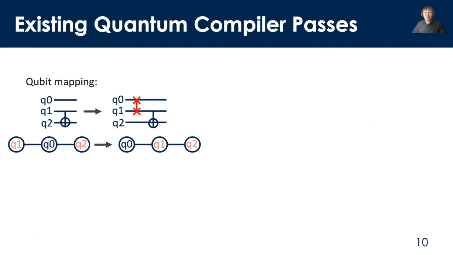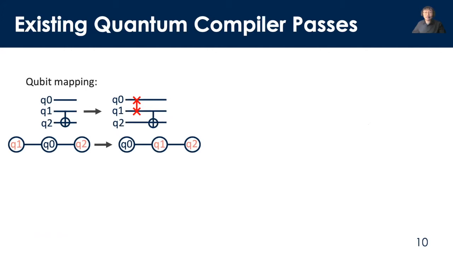So as a result, one famous compiler path for superconducting architectures is the qubit mapping. Sometimes we need to insert some swap gates in the circuit to exchange the mapping and then make all the two qubit gates executable.